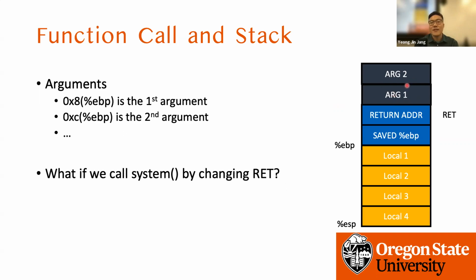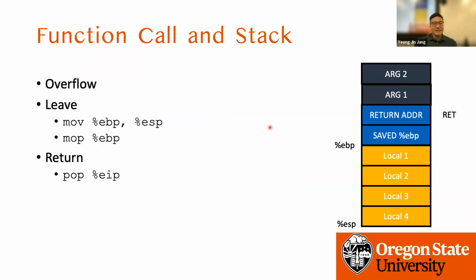At ESP plus 4, the second argument. The system function also assumes that, and if we put the argument at that position, then it will never know. Computers are dumb. They will just use that.